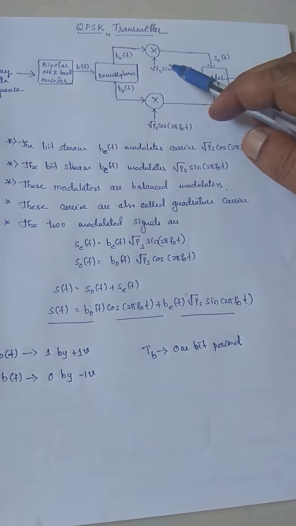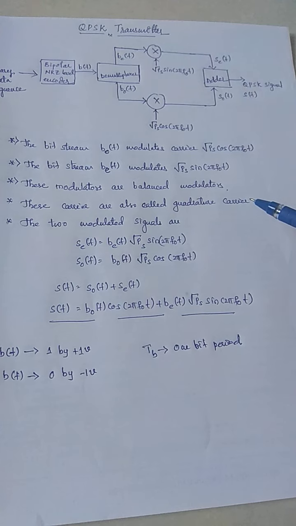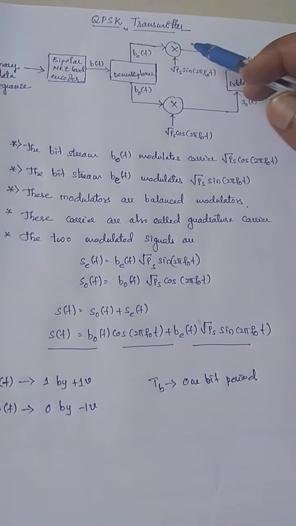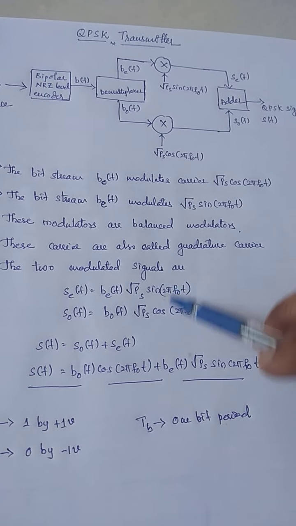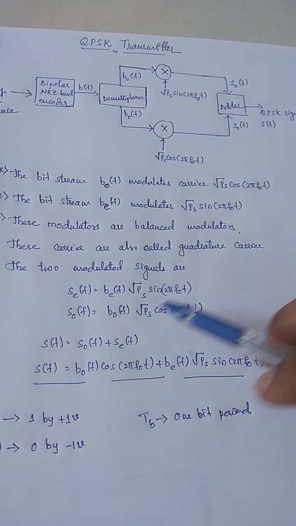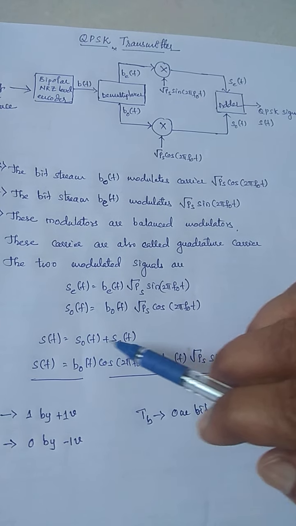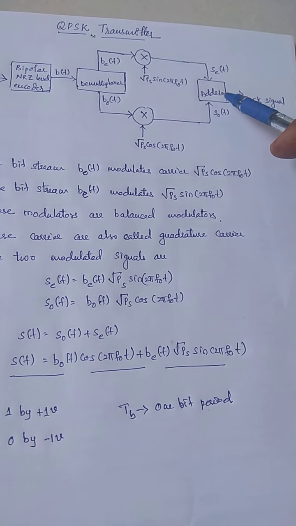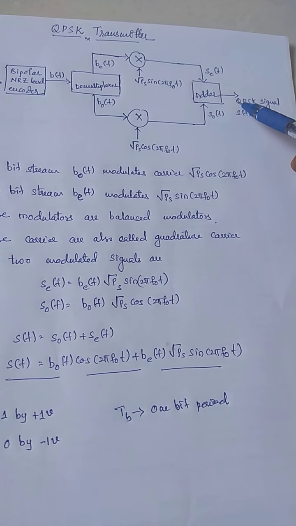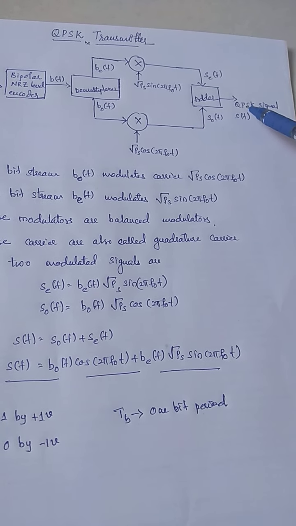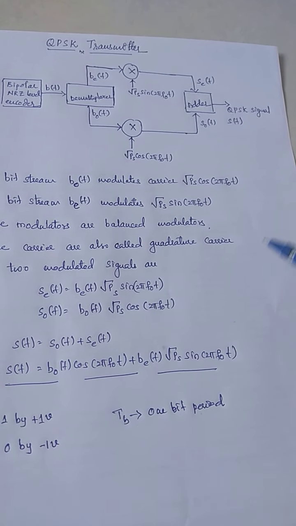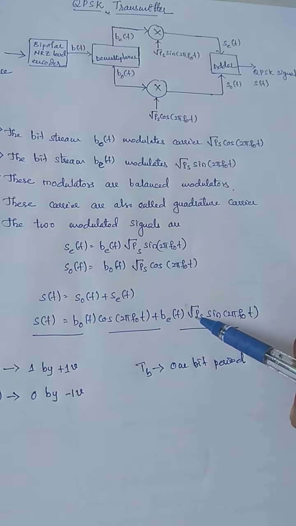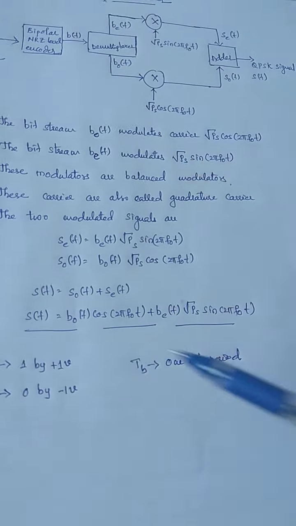The two carriers are quadrature carriers here. After the modulation, we get the modulated signals. Finally, we have to combine the two modulated signals by using the adder. Then the adder provides the QPSK signal, the combined signal, that is s(t).